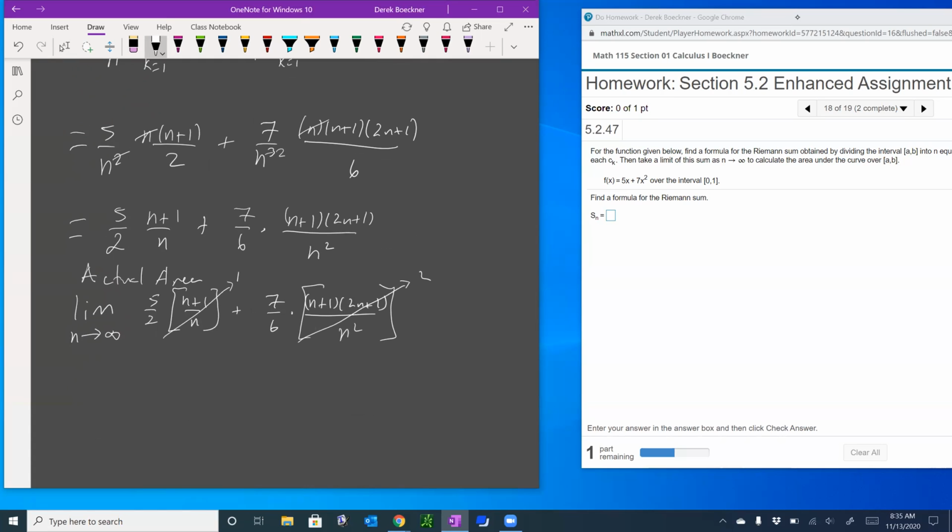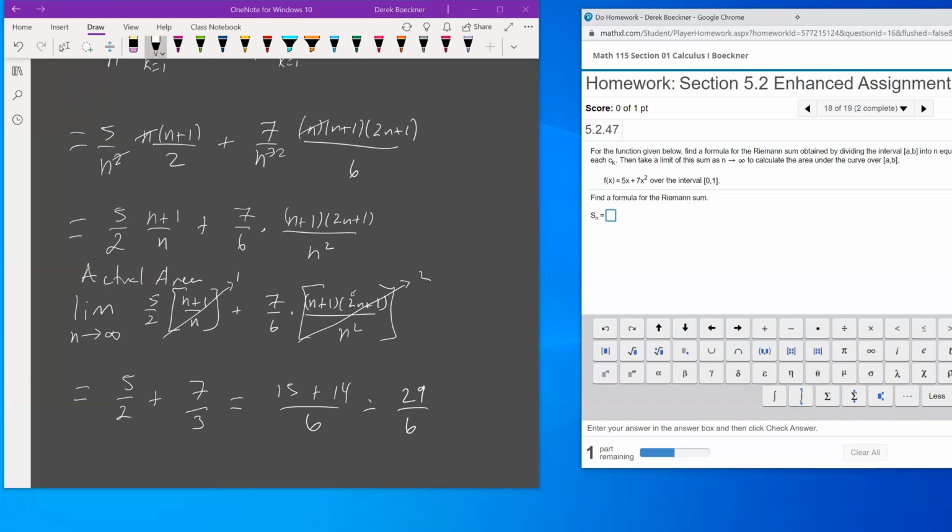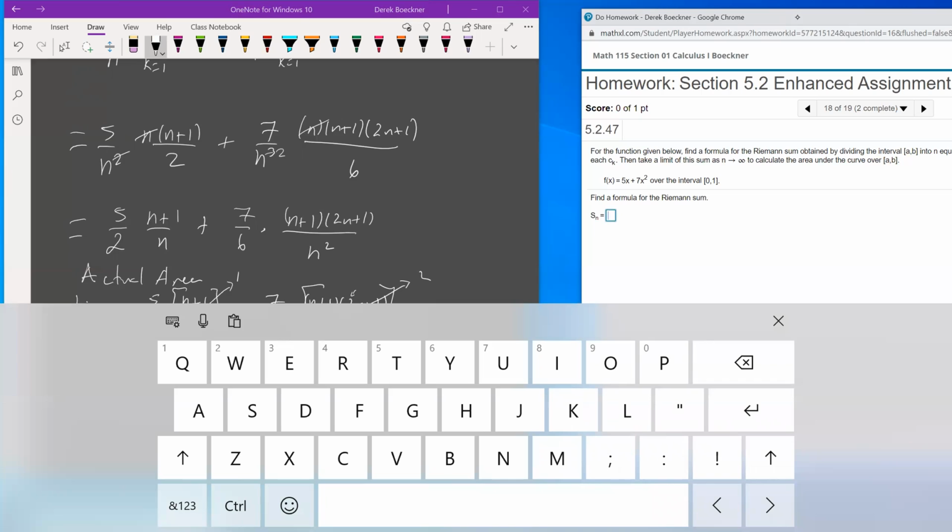This goes to 2 because of that 2. So this is equal to 5/2 plus 7/3, which in terms of sixths is (15 plus 14) over 6, which is 29 over 6. So those are our two answers. Plug them in. We already found both answers.